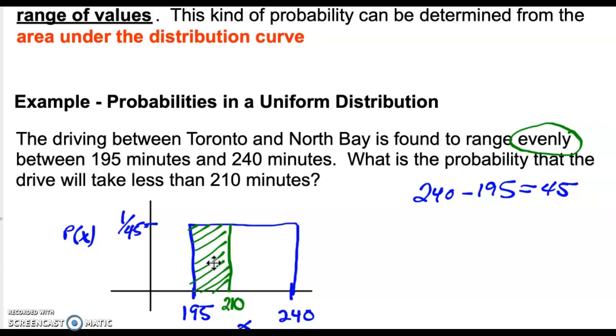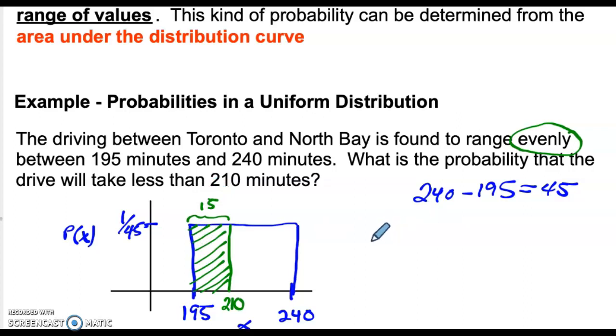To calculate this, we're going to calculate the area of this rectangle. We already know that the height of the rectangle is 1 over 45, because that's what it has on our y-axis. To find the width of this rectangle, we just do 210 minus 195, which is 15.